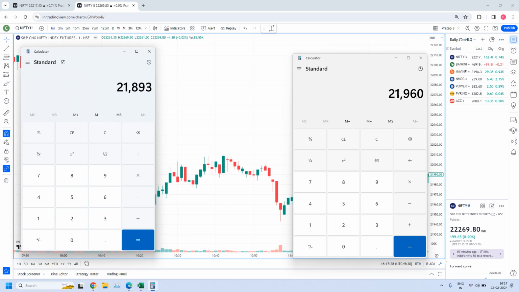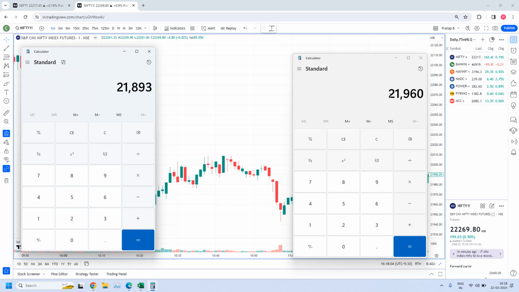Did you understand this point, or you want me to repeat? Okay, let me repeat again. When prices in the equity chart reach 21,893, they reach the 5 minutes demand zone. Exactly at the same time, when you look into the futures chart, the price is 21,960.